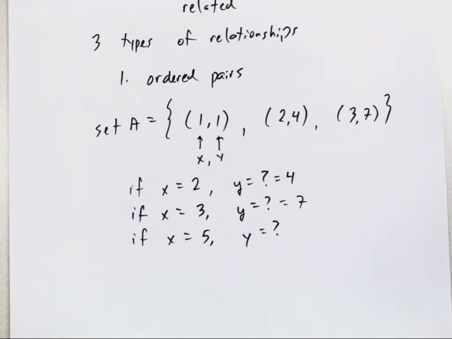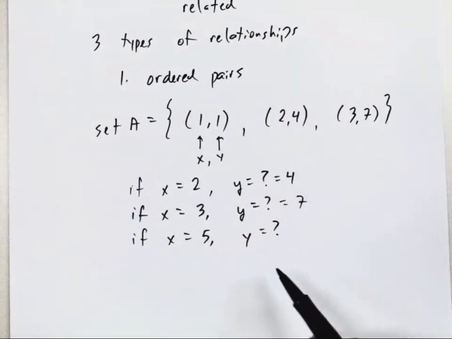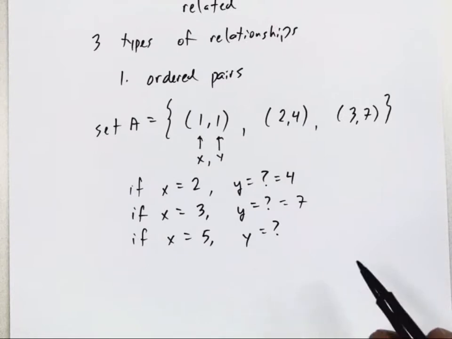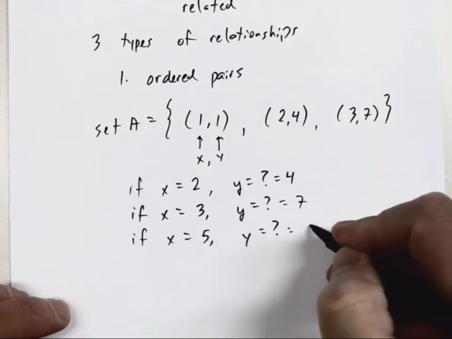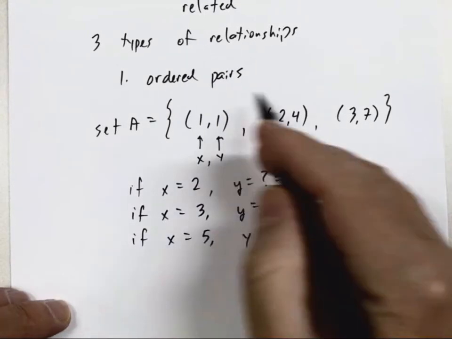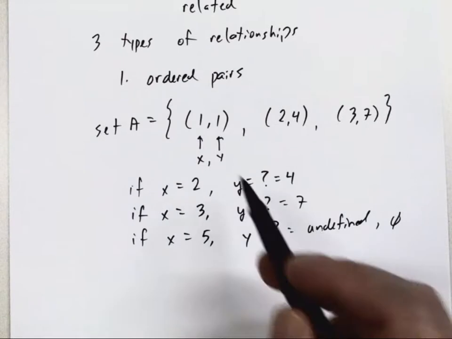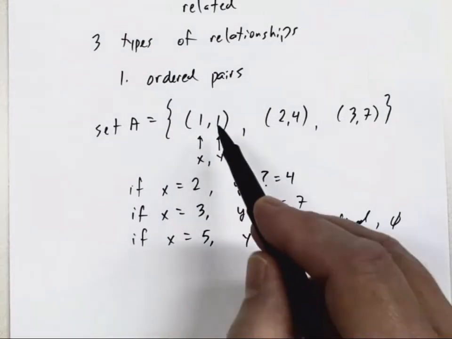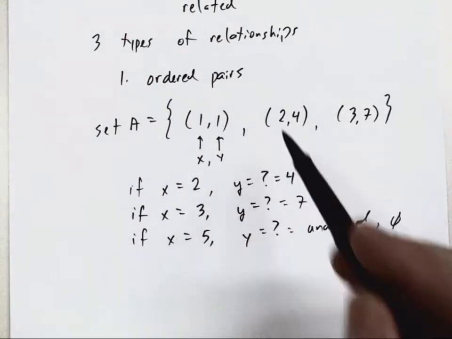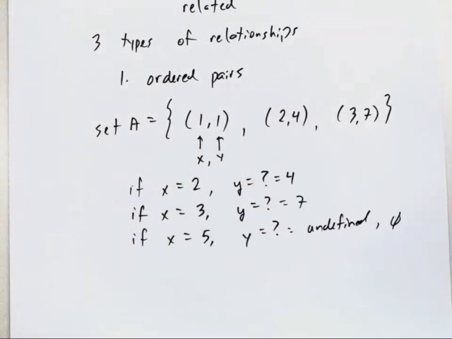So it turns out there's not an ordered pair where x is 5. So sometimes we might say y is undefined. Maybe we'll write it like this. It doesn't exist. In other words, there is not an ordered pair where x is equal to 5. X equals 5 is not part of this set.